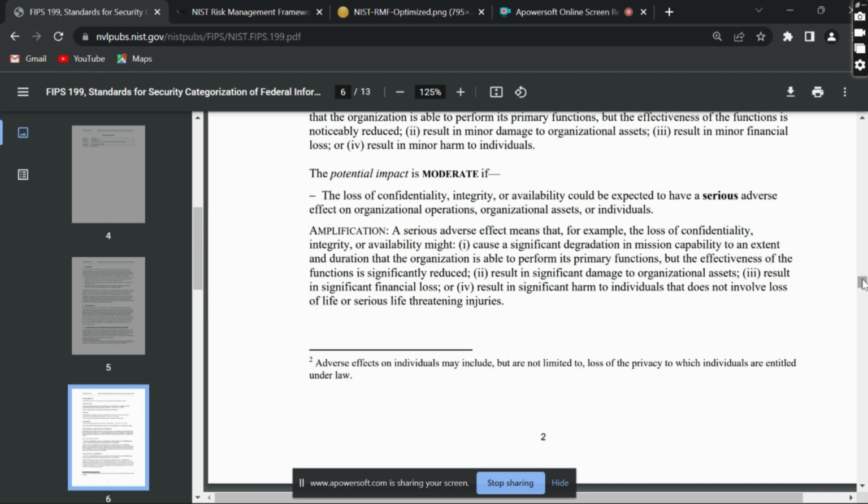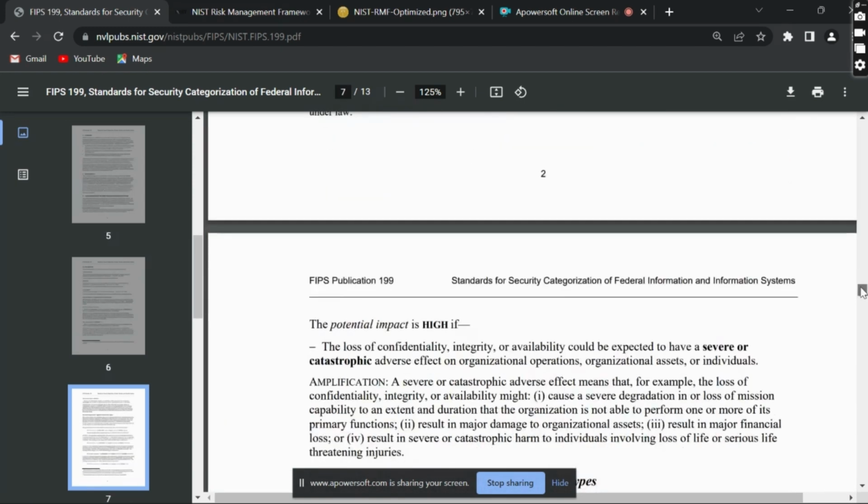If the potential impact is moderate, which means that with the patient information, the hackers attack the system in a way that it really affected the assets of the organization, the financial loss, and it affected the individuals, but does not affect the life of the individuals. I hope everybody is understanding me. It does not affect the life of the individuals.